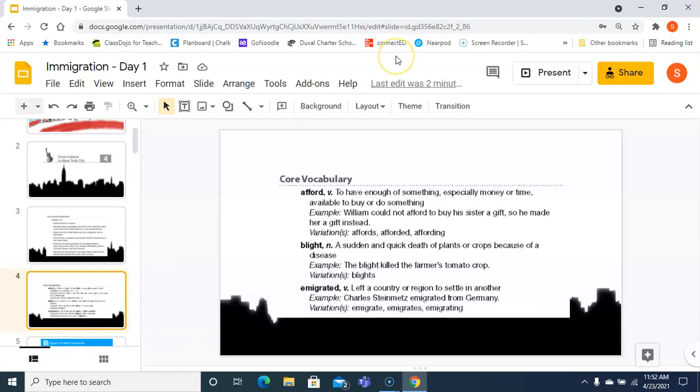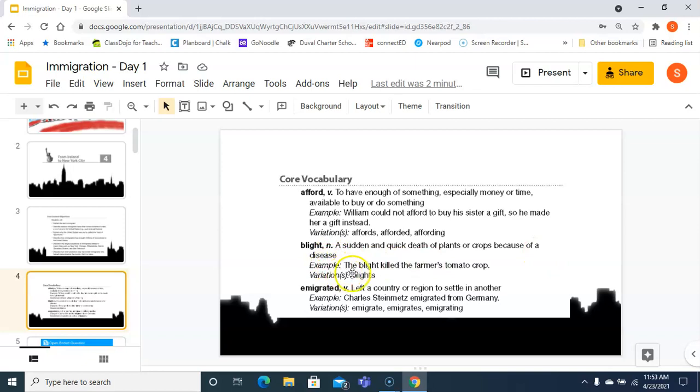Some of the vocabulary that you may hear today that you need to know the words for: afford means to have enough of something, especially money or time, available to buy or do something. An example of that would be William could not afford to buy his sister a gift, so he made her a gift instead. Blight is a sudden and quick death of plants or crops because of a disease.